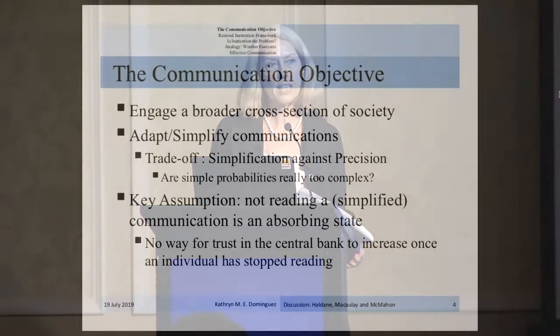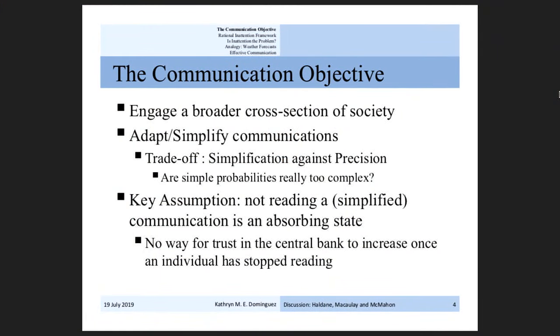So let's just start off with this idea that there is a need for communication, and that needs to go to a broader audience than just those of us in this room.